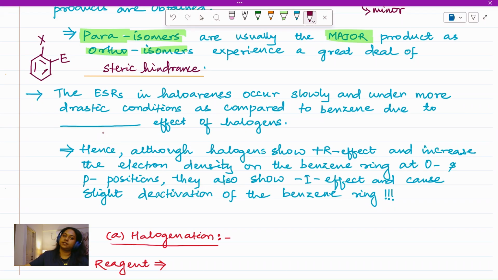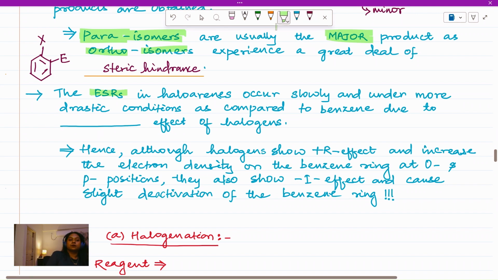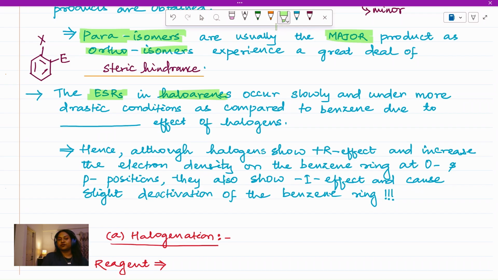But the point here is that electrophilic substitution in haloarenes takes place slower as compared to benzene. You have that here as well in another part of the book. You will see electrophilic substitution in plain benzene also, but in haloarenes, it's slower as compared to benzene.